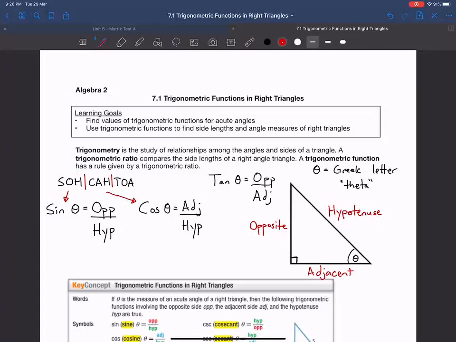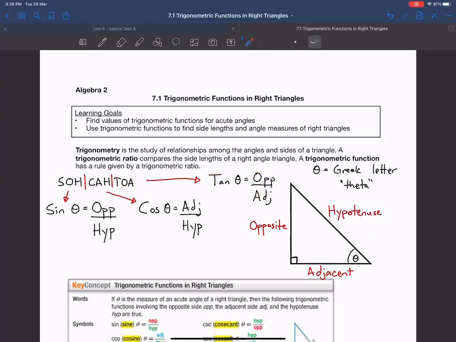My cosine is equal to my adjacent, A, divided by my hypotenuse, H. So we can see here we have CAH. And lastly, my tangent is equal to my opposite divided by my adjacent. This is just something we can use to help us remember.